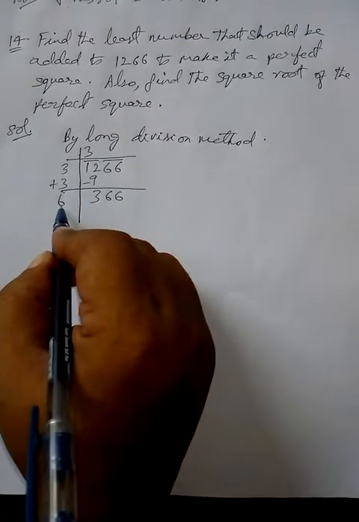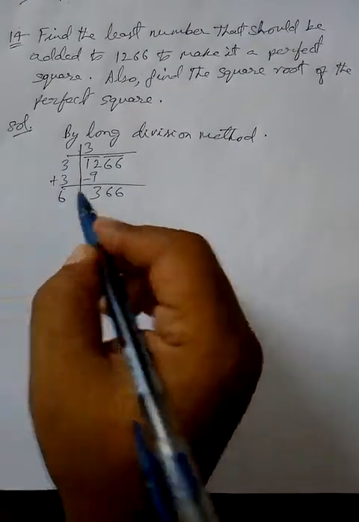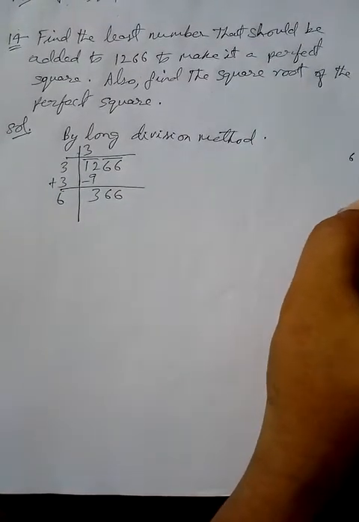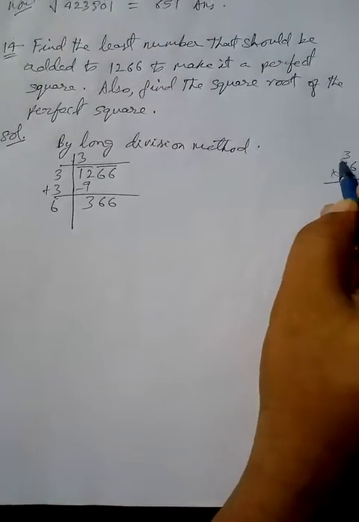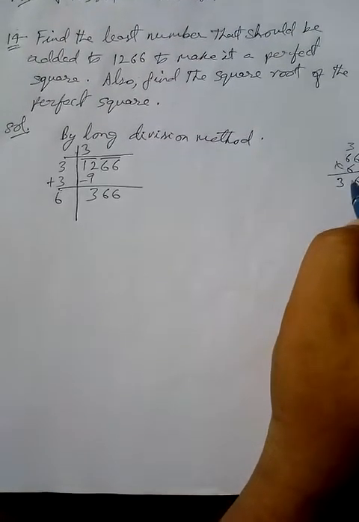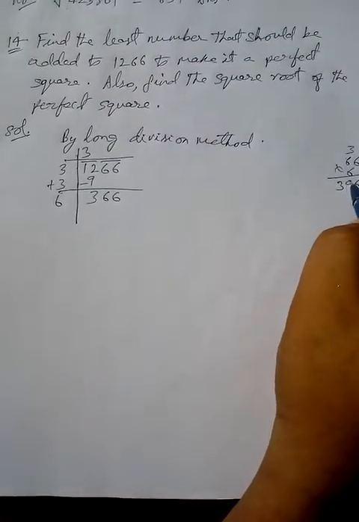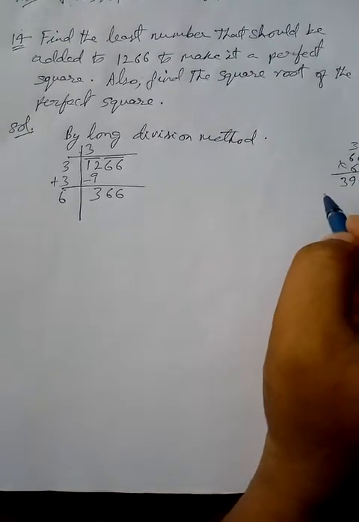In the table of 6, suppose we try 6: 6 6s are 36, carry 3, 6 6s are 36, and 3 is 39. This is greater than 366.